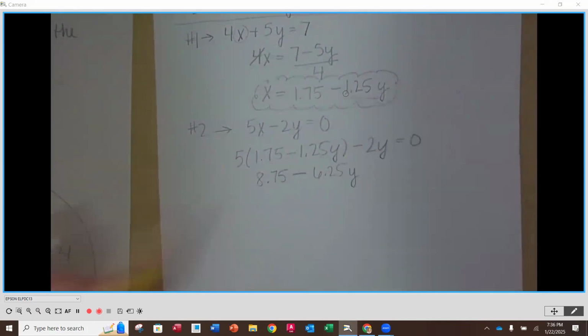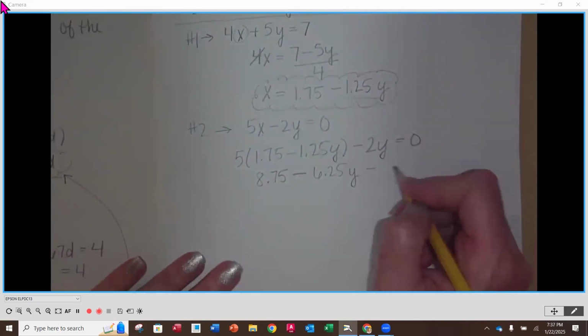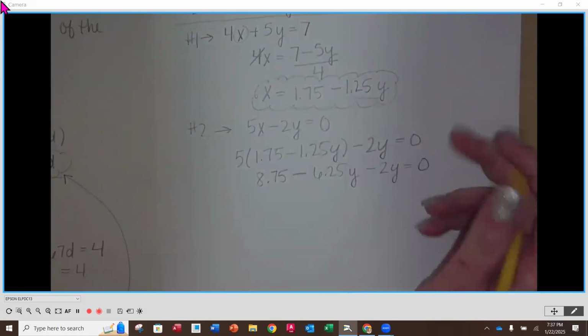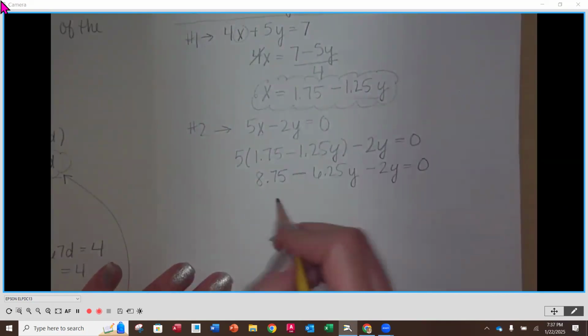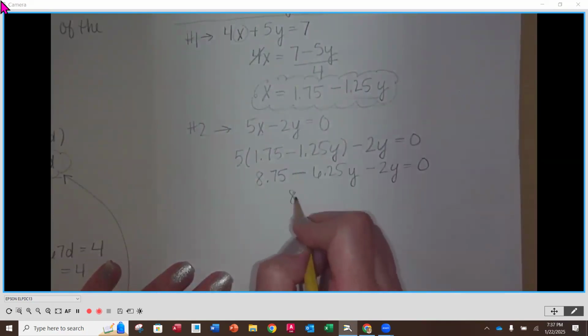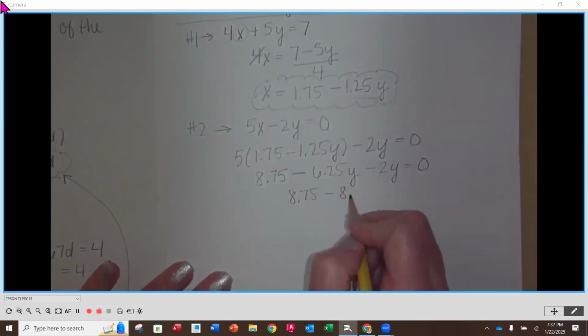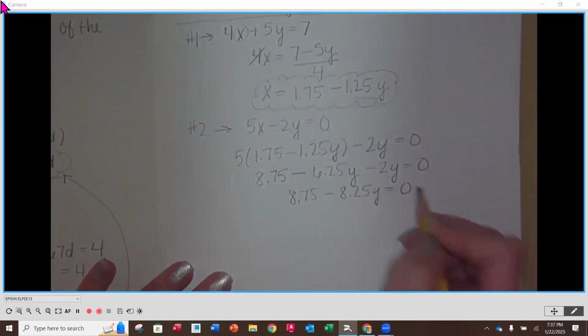6.25. And check my work as I go along here, because I don't have an answer key in front of me. All right. So I'm doing them right along with you. Minus 2y. So if you see anything suspect, stop me right away. Okay. So that means I can combine these two: 8.75 minus 8.25y is equal to 0.